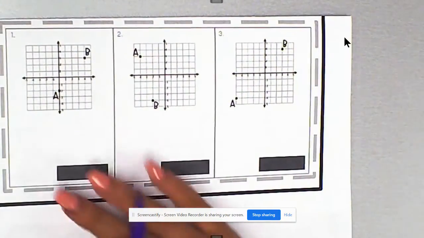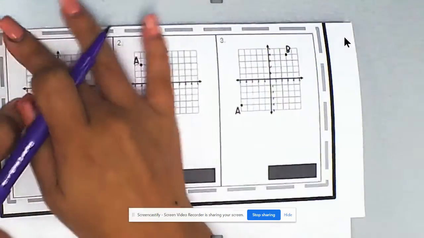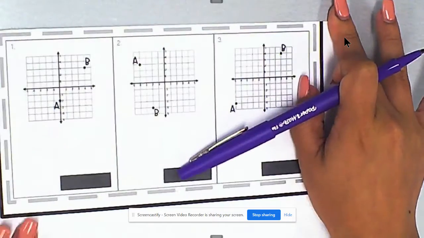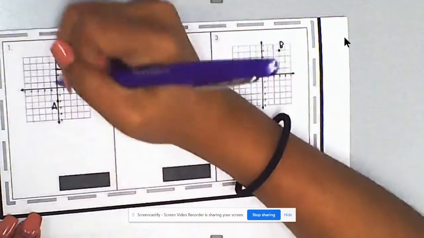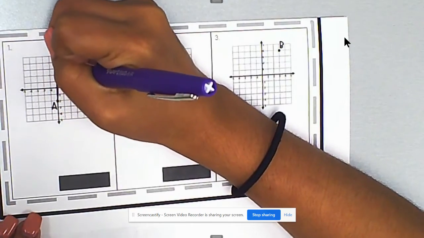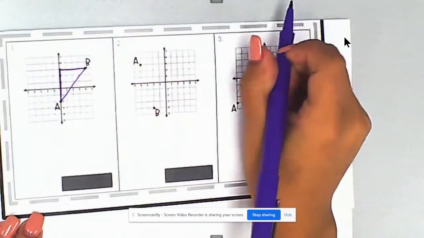Okay, now first things first, remember we have to first draw our right triangles connecting the 2 points. So I'm gonna draw my right triangle. I drew my right triangle.